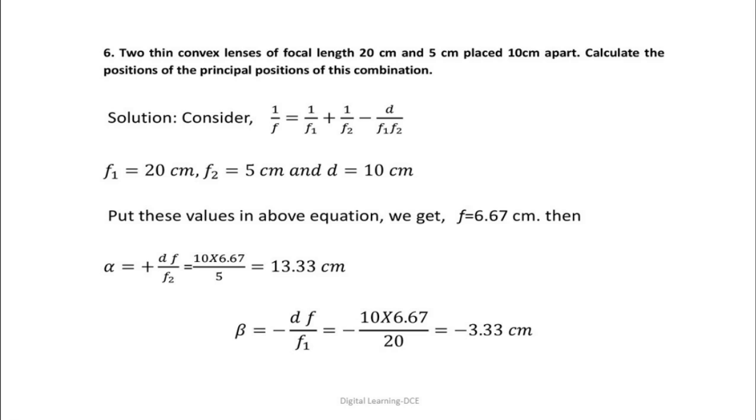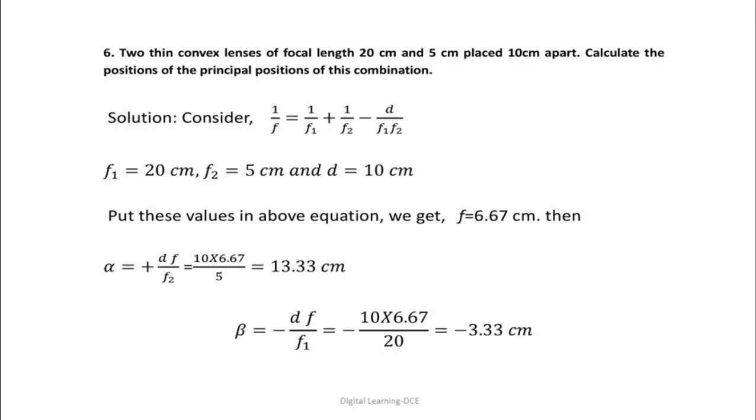Putting these values in the above equation, we get f is equal to 6.67 centimeter. Then alpha is equal to +df/f2, which is equal to 10 into 6.67 all divided by 5, which is equal to 13.33 centimeter.